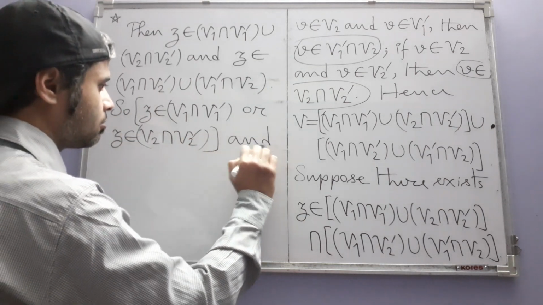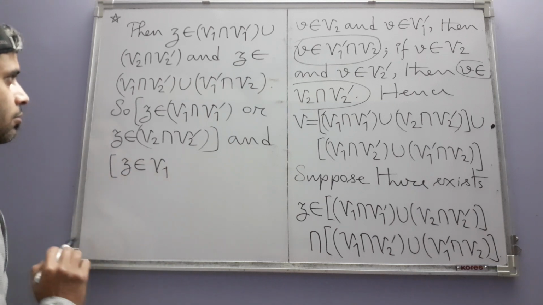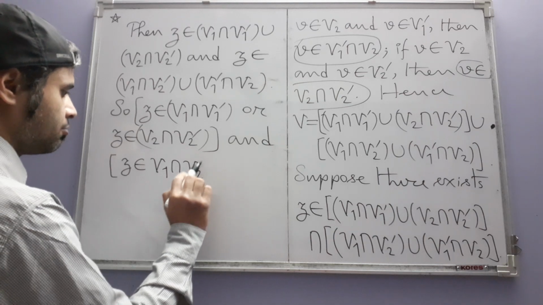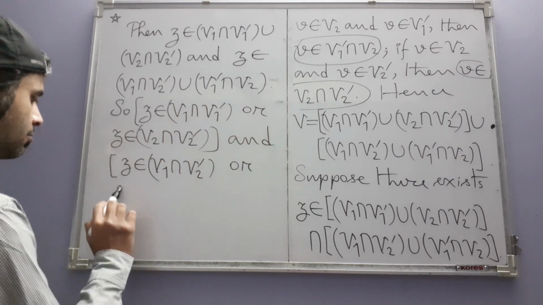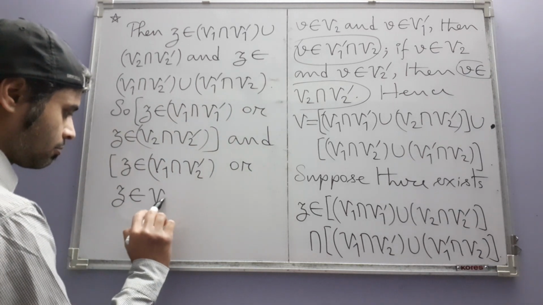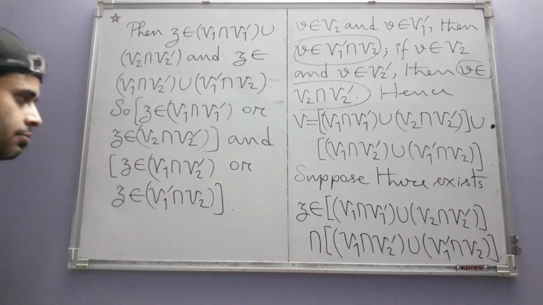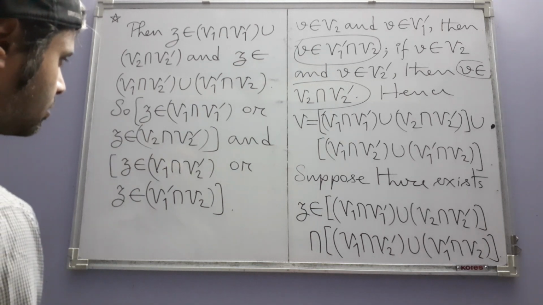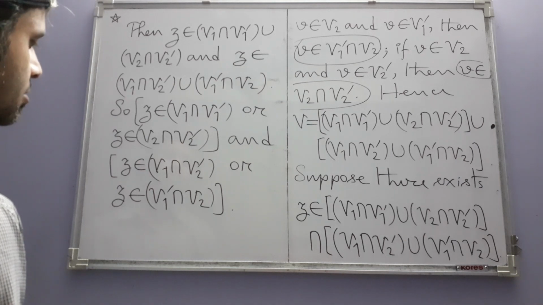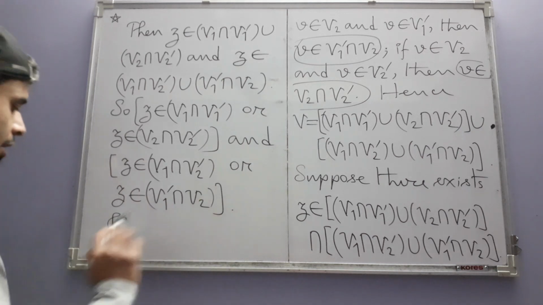This, and V1 intersection V2 prime. Keep in mind this is or because here we have union. So now what we have from this situation, we are going to have 4 cases, or let's proceed like this.